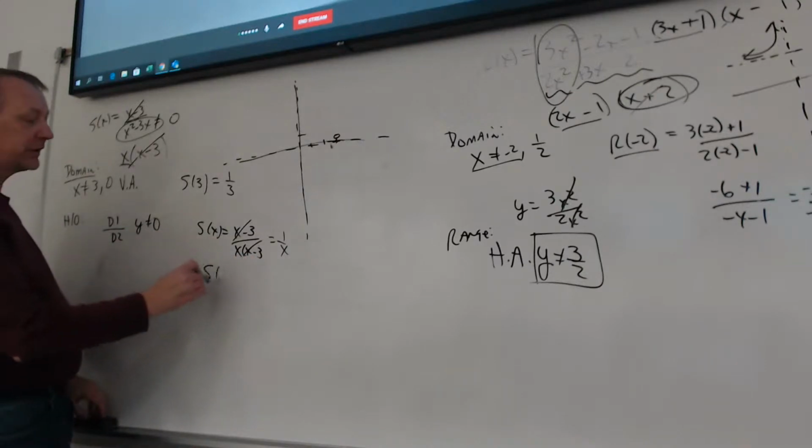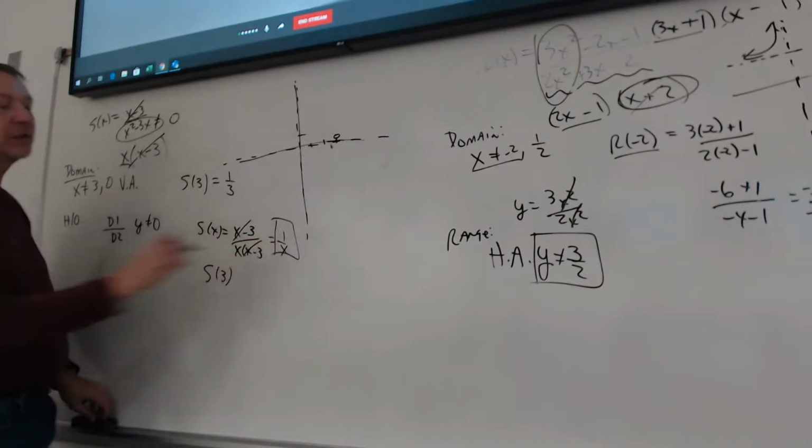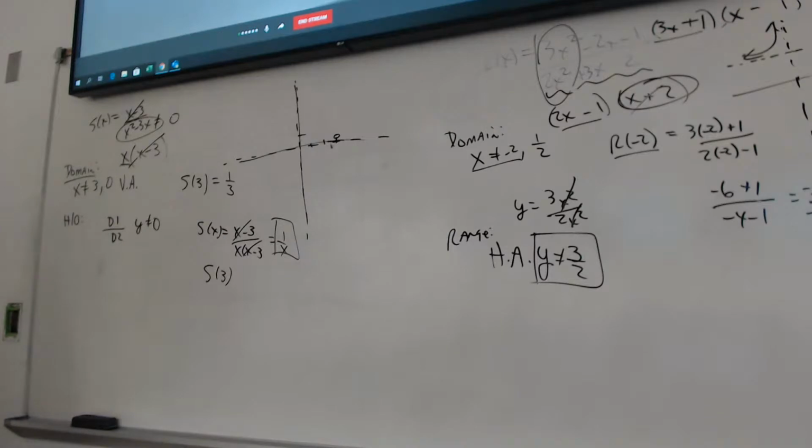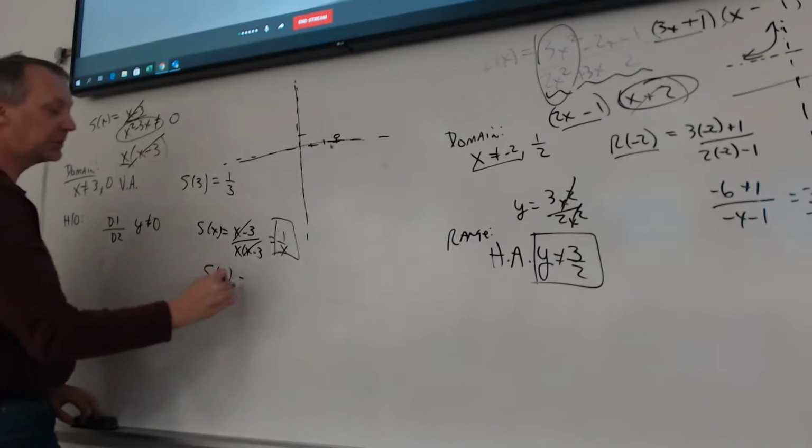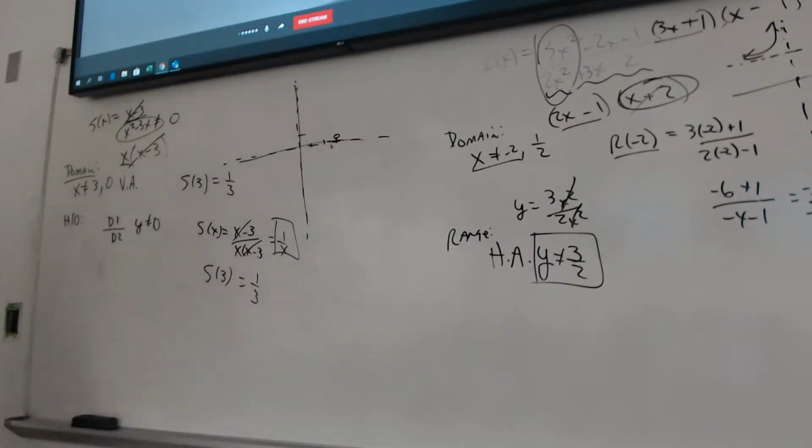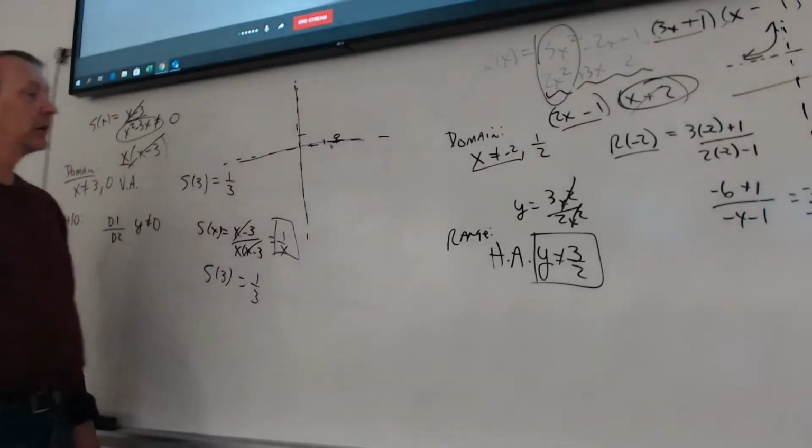So I'm going to do s of 3 of this simplified fraction, which would just be 1 over 3. That's how I got 1/3. So I know I've got a hole here.